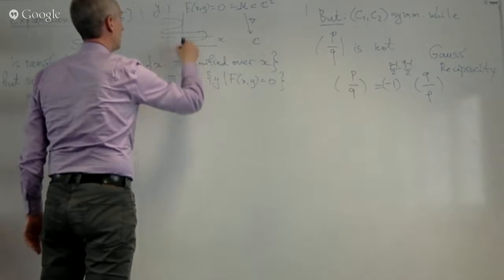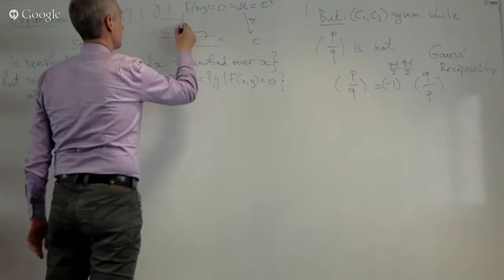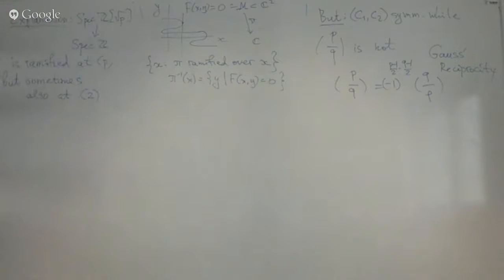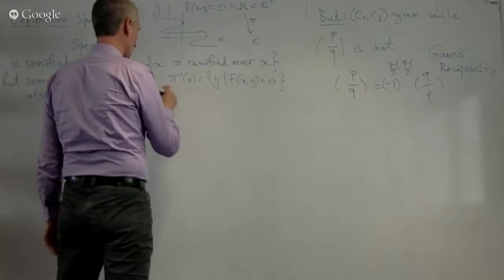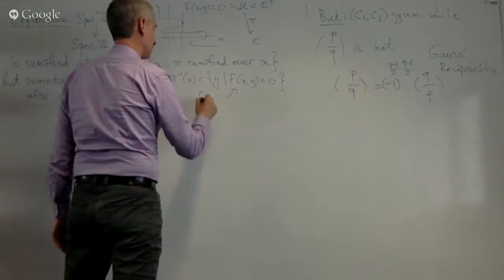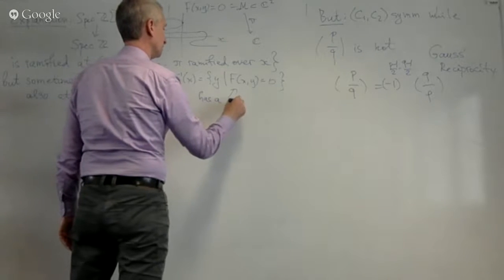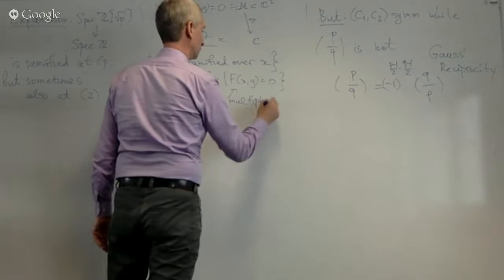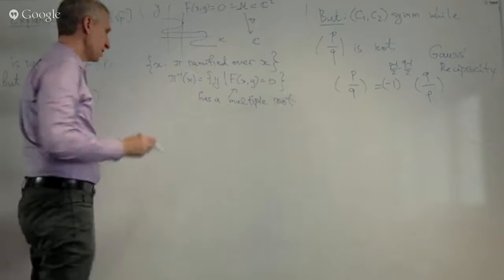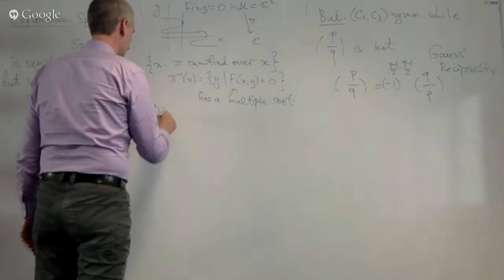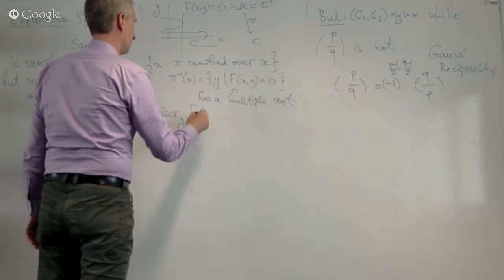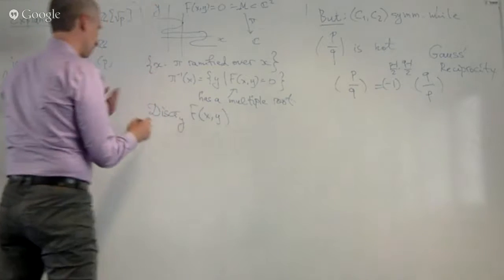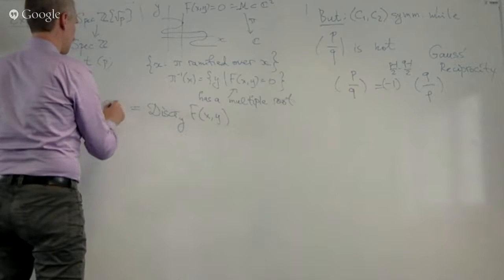So it ramifies if this polynomial as a function of y has multiple roots, which means that we consider the discriminant in y of f of xy, a certain polynomial called d of x.